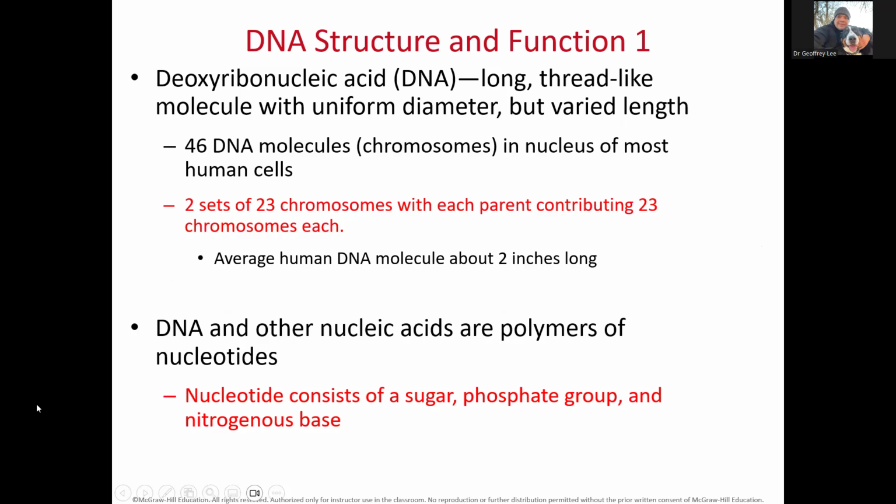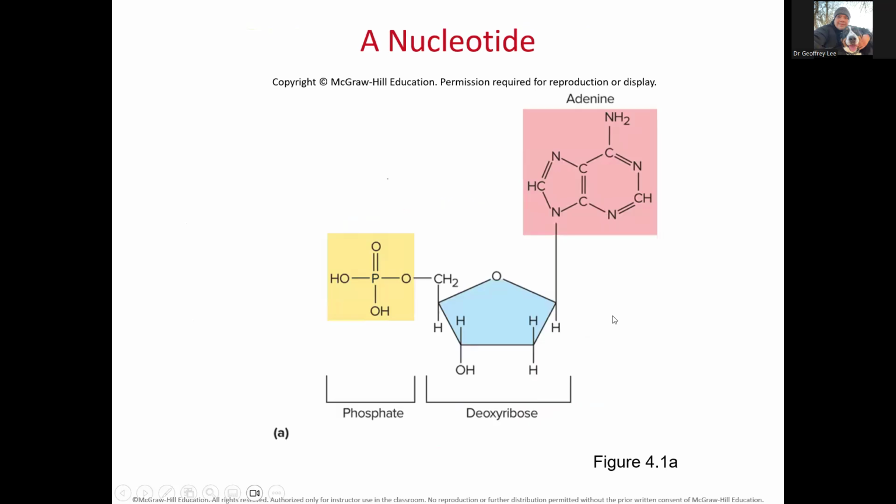DNA and other nucleic acids are polymers of nucleotides. Remember what we mentioned a polymer is? It's just identical units bonded together. A nucleotide consists of a sugar, a phosphate, and a base. This is what a nucleotide looks like.